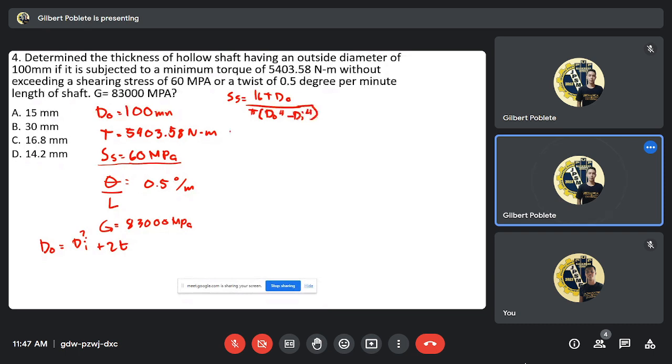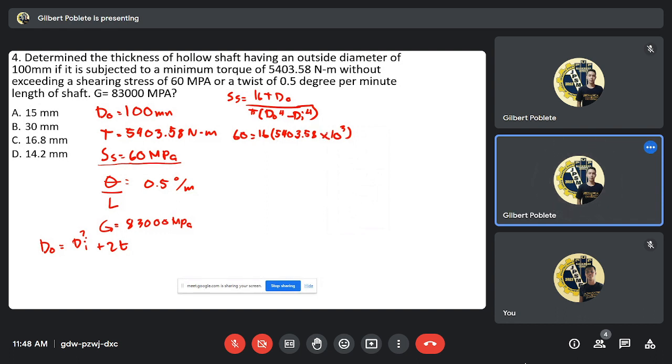So, 60 is equals to 16. Tapos, meron tayong torque na 5,403.58 Newton meter. Ano natin siya sa megapascal. Pwedeng ganyan na lang.